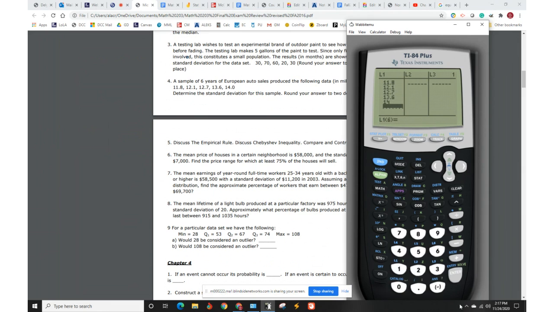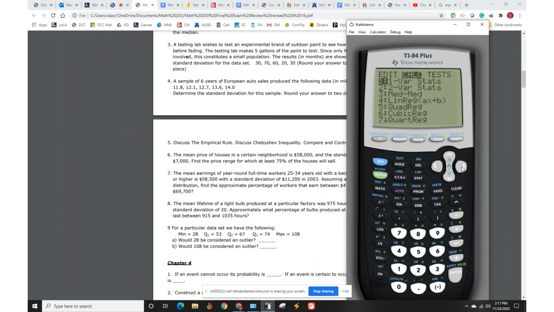All right, 1, 2, 3, 4, 5. There's just 1, 2, 3, 4, 5. Because if you're doing this by hand, you got to calculate the mean and subtract it from each one of those and take that difference, deviation, and square it, and then add them all up. And then divide by the number of pieces, or the number of pieces minus 1, and then take the square root.